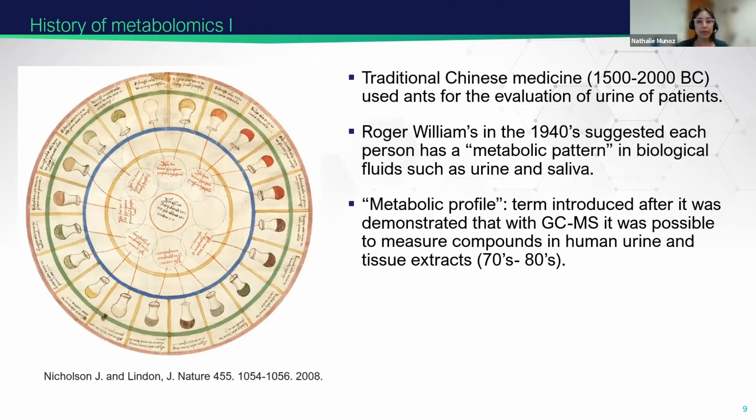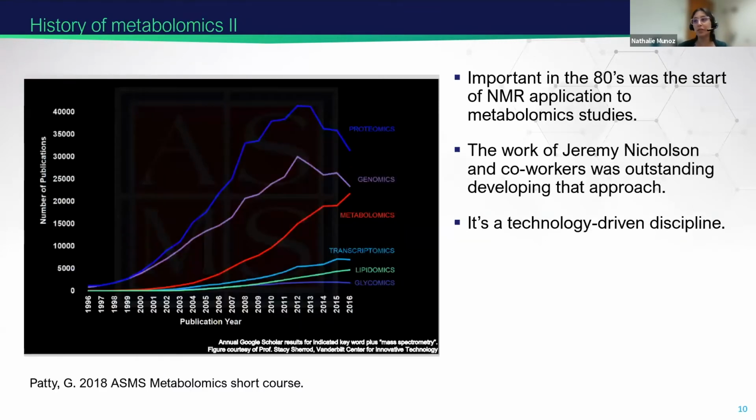The term metabolic profile arrived during this time too, in the 70s and 80s, and a huge new player got to the field in the 80s. So this player was NMR. NMR applications in metabolomics started in the 80s, and we will discuss NMR in depth in the following sessions today.